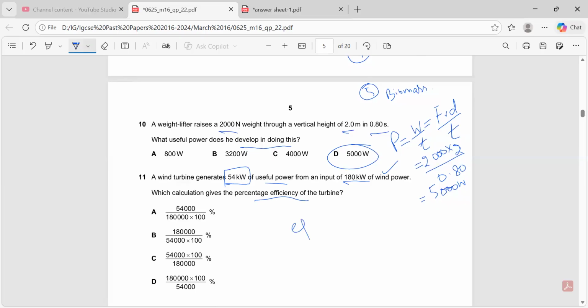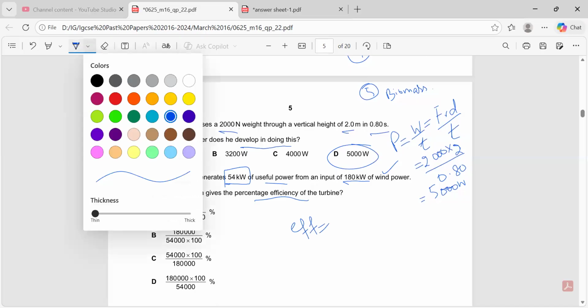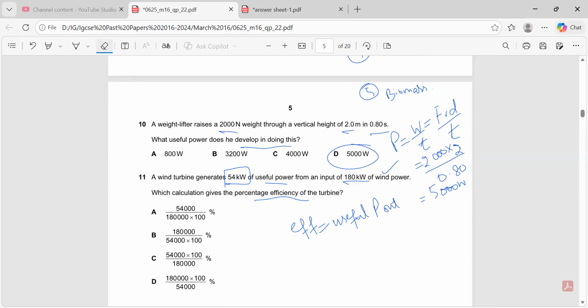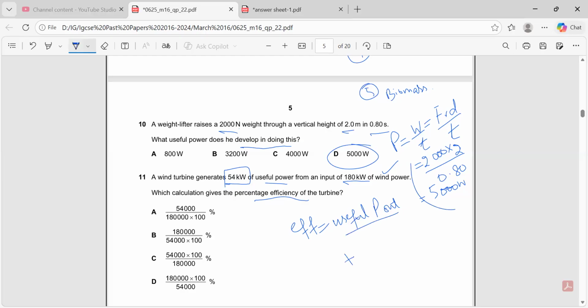You know, efficiency is equal to useful power output over total input power times 100.